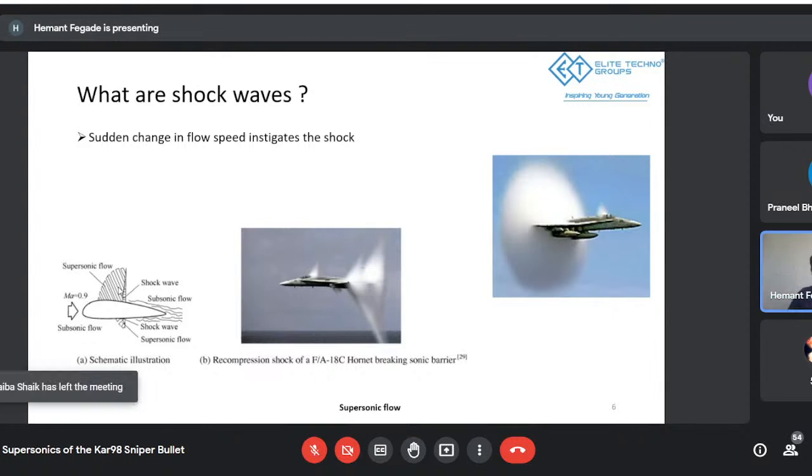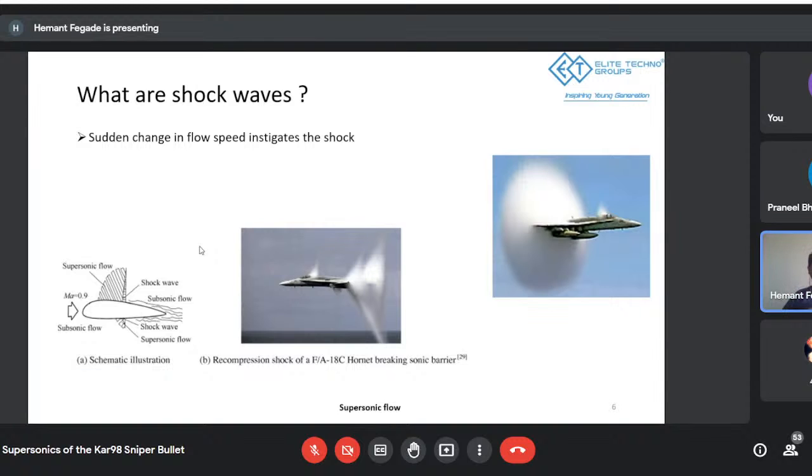Because of the turbulence and the sudden changes in pressure, you cannot maintain the stability of the bullet or even of the aircraft. So you need to avoid the transonic state.